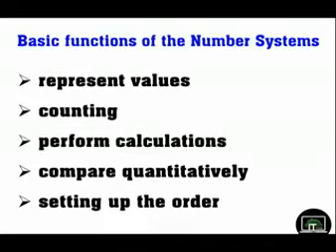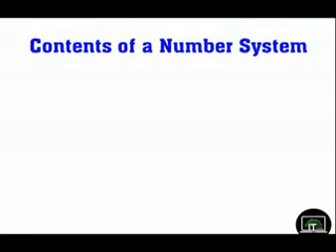You arrange something in ascending order, that is from small value to bigger value. Sometimes you arrange things in descending order, that is from big numbers to small numbers. So for these functions you need the number system. Number systems are used to represent values, for counting, to perform calculations, to compare things quantitatively, and to set things in order.